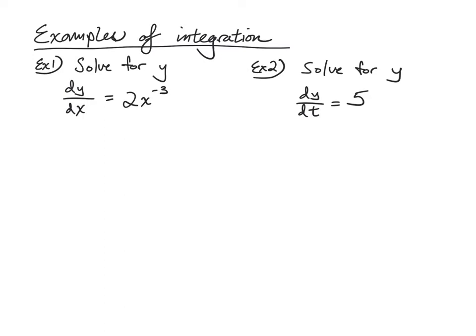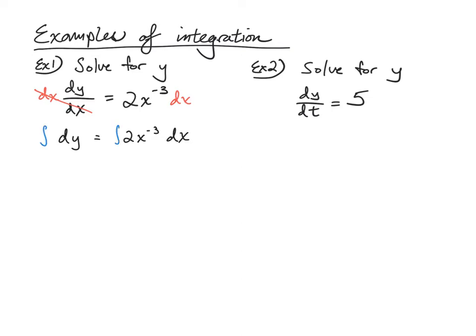Well, this is what we call a differential equation, because we have the differential of y and the differential of x. And if we just multiply both sides by the differential of x, we end up with this equation, dy equals 2x to the negative third power dx. Now here's the key. We are going to take the antiderivative of both sides.